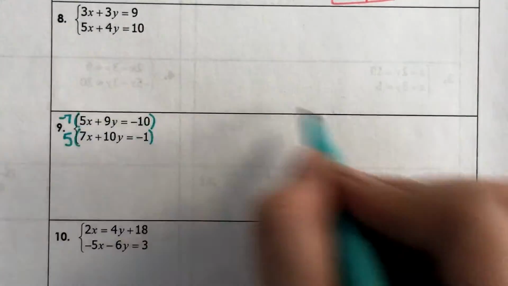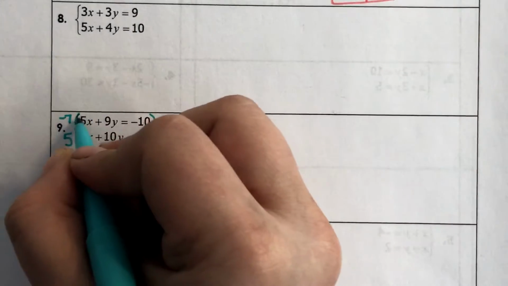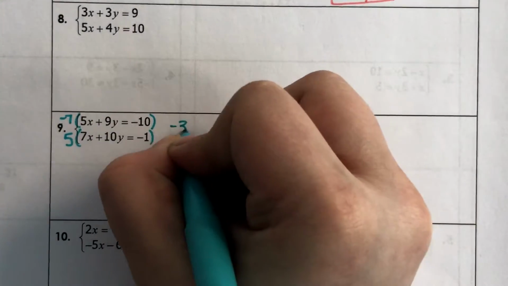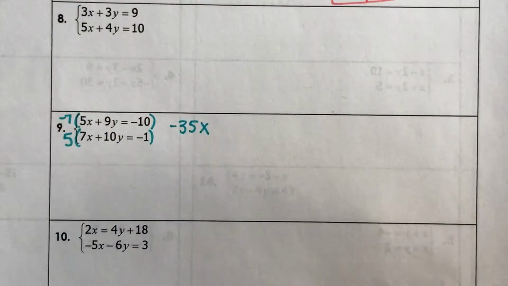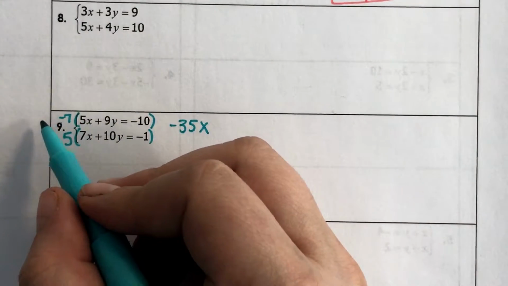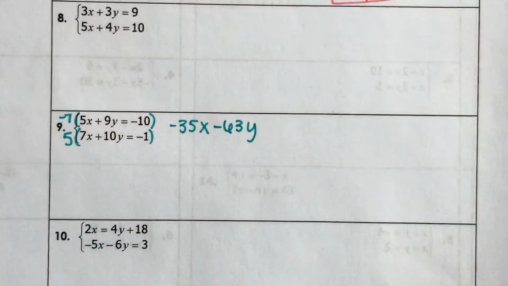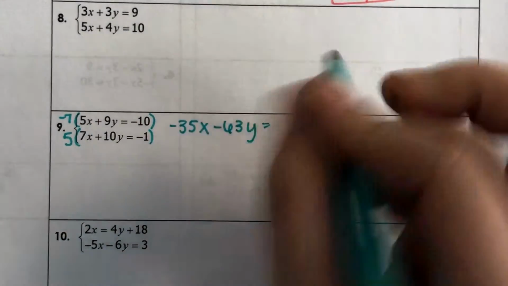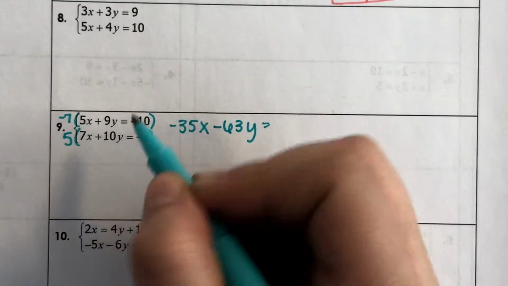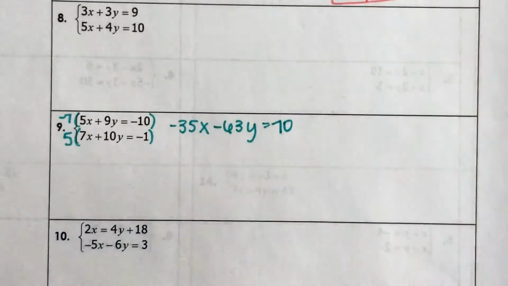And then we're just going to rewrite these over here. So -7 times 5x is -35x. -7 times 9y is -63y. And then -7 times -10 is +70. Okay.